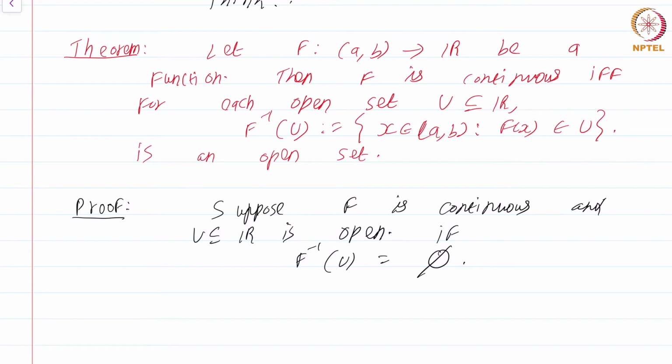The function f need not attain any value in the set U. If f inverse U is the empty set, then nothing to prove. Why? Because the empty set, for extraordinarily stupid reasons, is an open set. The condition of open set is every point is an interior point. There is no point in the empty set. Therefore, it's an open set for stupid reasons. There's nothing to prove.